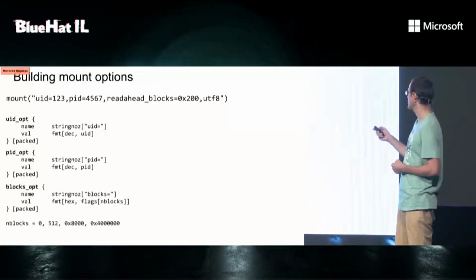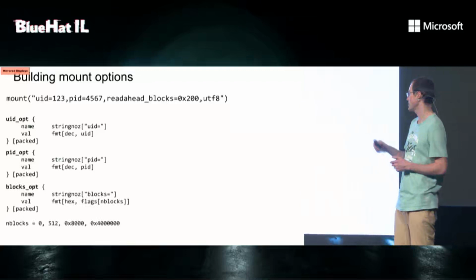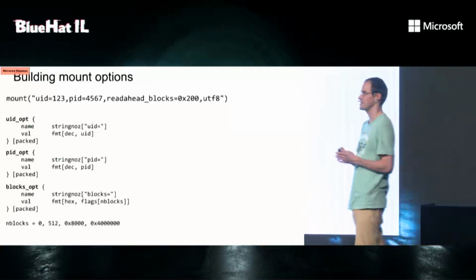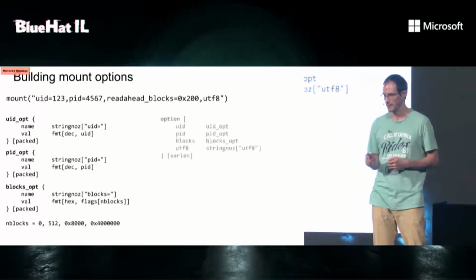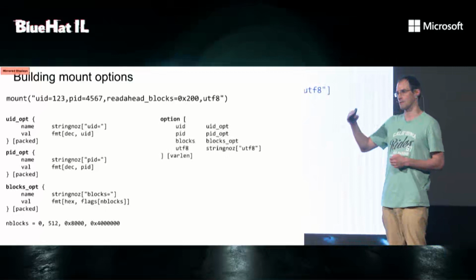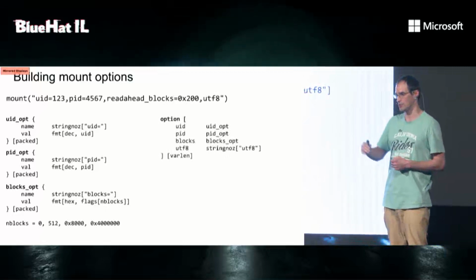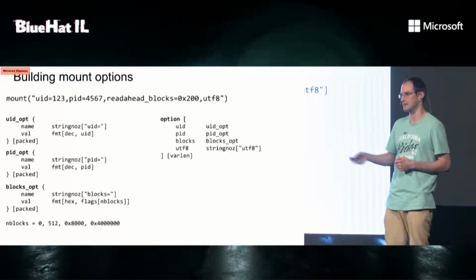And similarly, block options. But here we use the flex type, which allows you to specify concrete values that are interesting for this particular variable. And then we have the option as a union with all of our existing options. And we use this varlen attribute because we don't want any padding at the end.